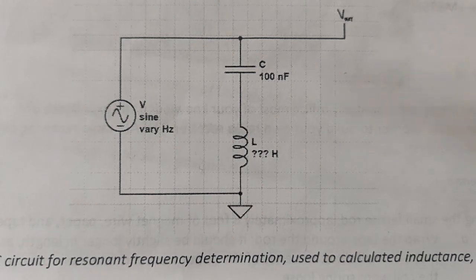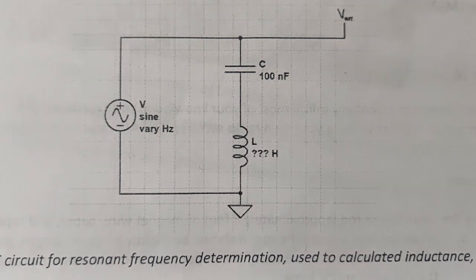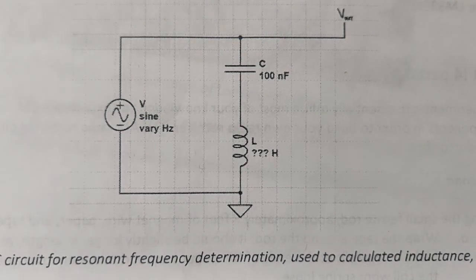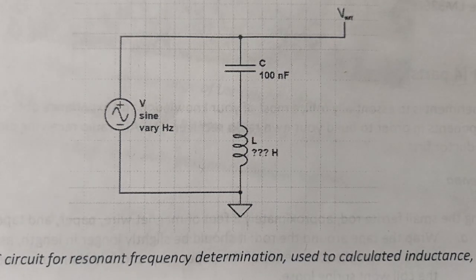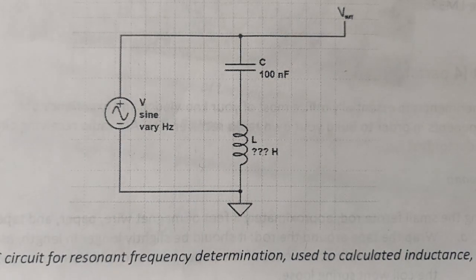And that's because the voltage over a capacitor should be 180 degrees out of phase with the voltage over our inductor. So when they're at the same value, they should destructively interfere with each other, and ideally we'd get just a zero voltage line, like a short in our circuit, but you're still going to see some waveform.